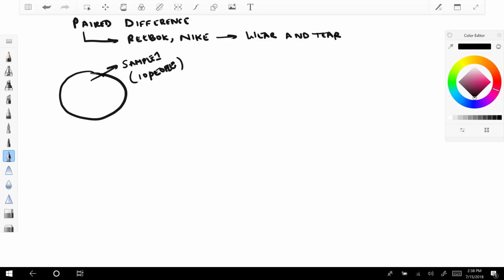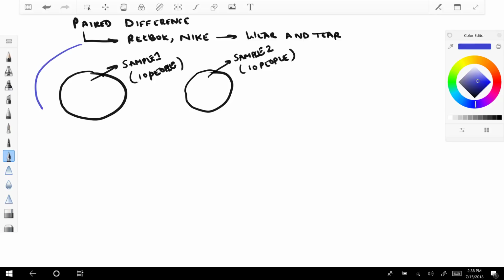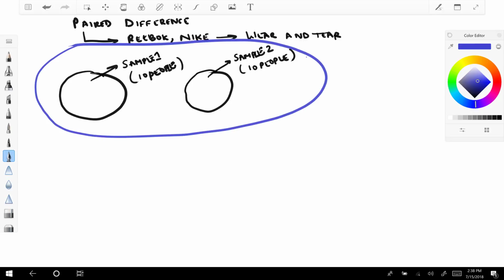And then take sample 2 from a population. So this is also 10 people. Let me draw maybe a population like this. So this would be the population.